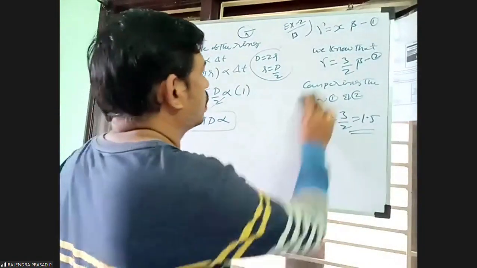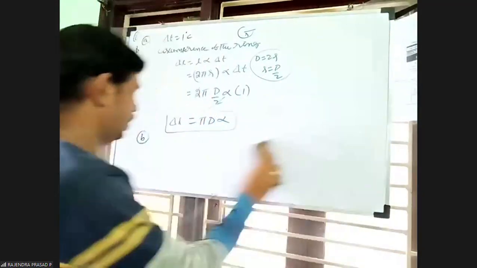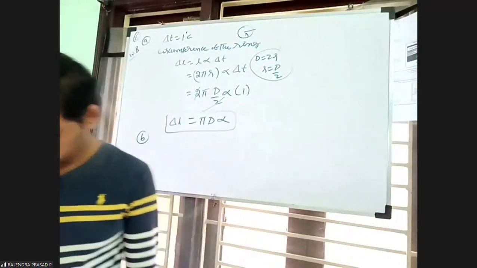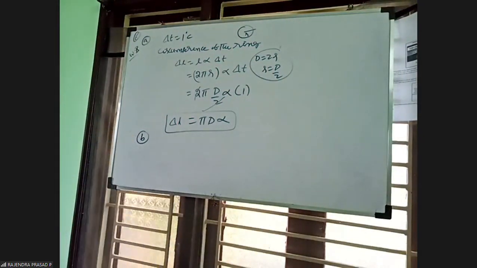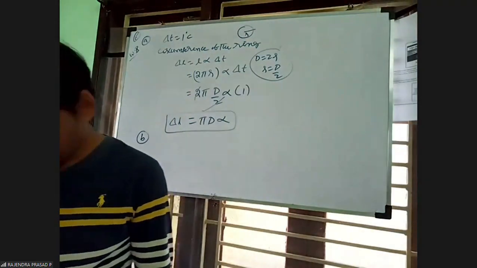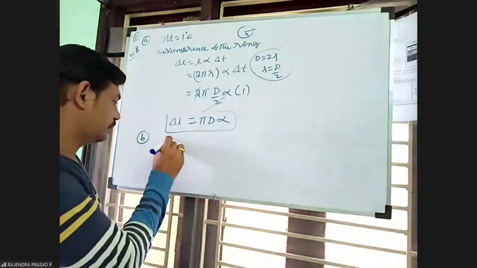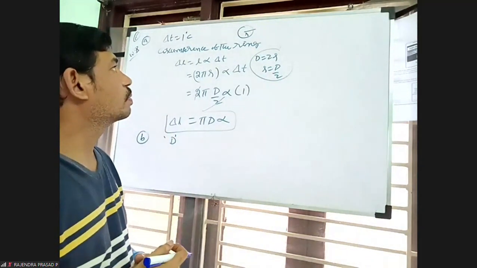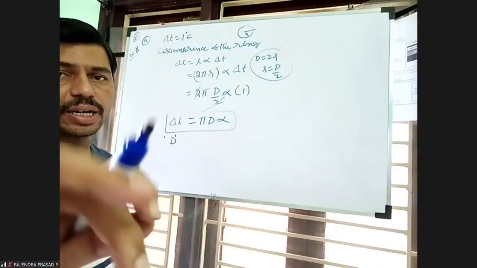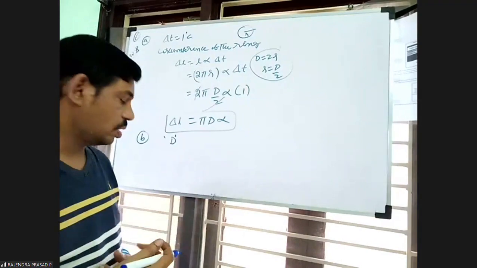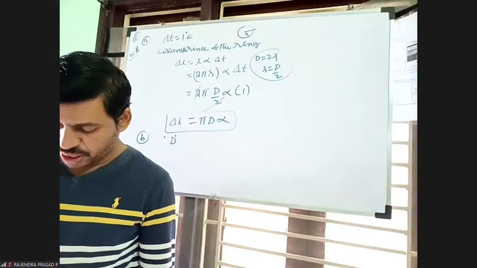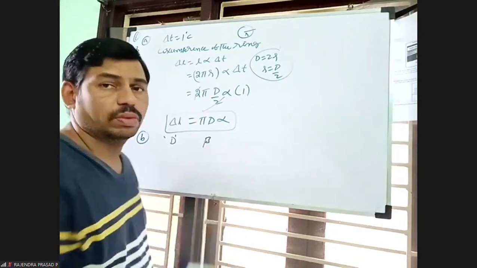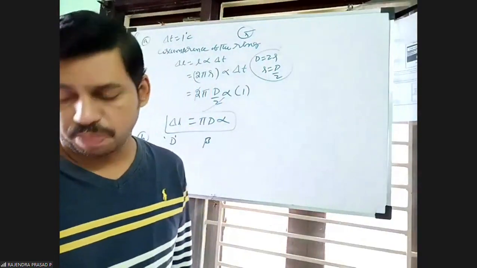Same for part B, another bit, on area. Write down in your workbook, don't waste time. The diameter of a metal ring is D and the coefficient of aerial expansion is beta.